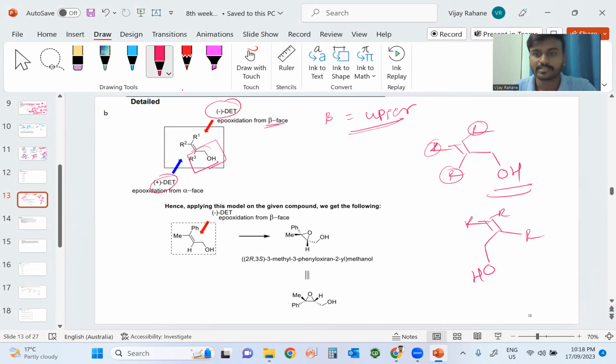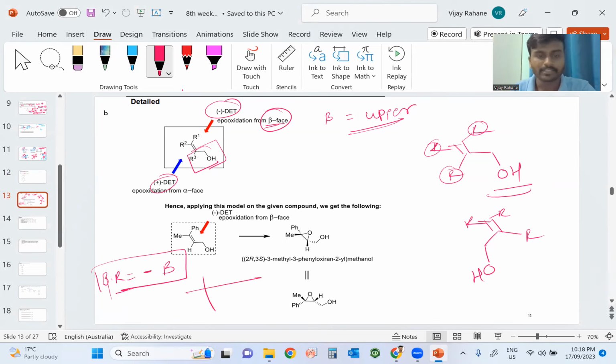So just check whether it is in this fashion or in this fashion. Let's say it has a bottom right, then minus diethyl tartrate attacks from the beta face. You just keep a note, a trick: bottom right and minus beta. Just keep this one. Remember, you can get the entire table.